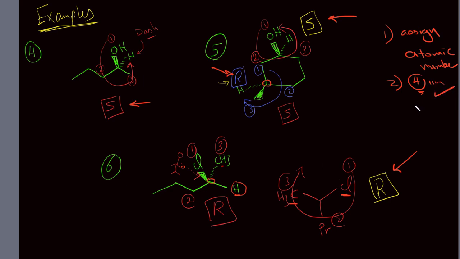Normal case, clockwise R, counterclockwise S. If your number 4, the lowest priority, is on a wedge, then whatever you assign, switch. If your number 4 is in plane, on a line, then draw a Newman projection, look down the axis that has the H, and imagine it's pointing away from you.